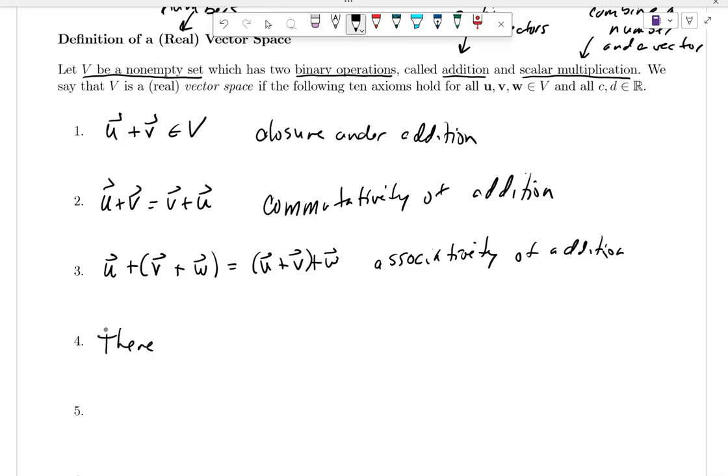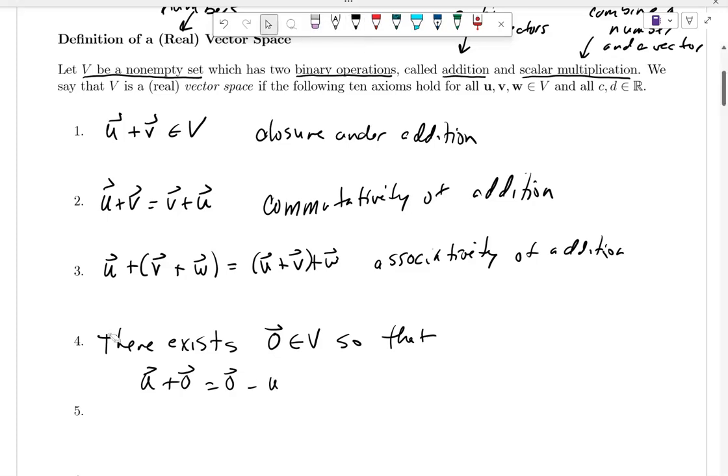So there exists something that we call the 0 vector, so that when I take any vector, let's actually flip my order here, u plus 0, there exists a vector 0 that when I add it to anything, I just get that anything back again, right?